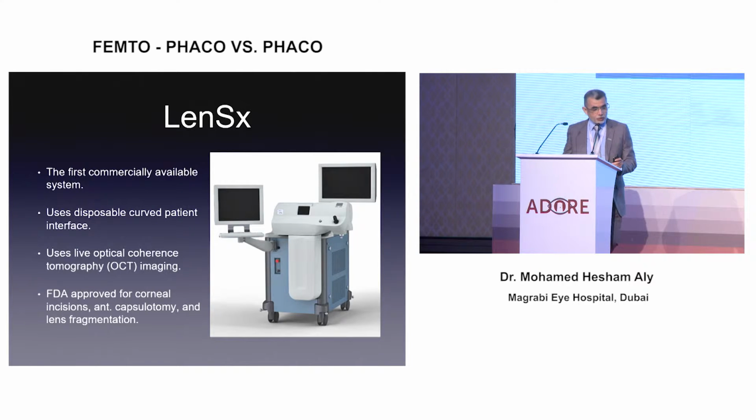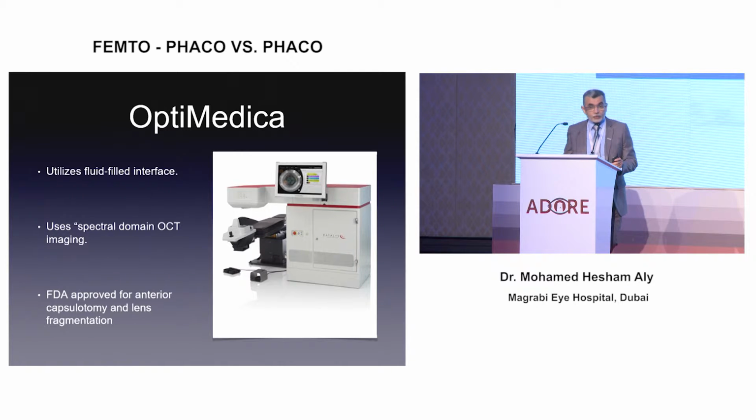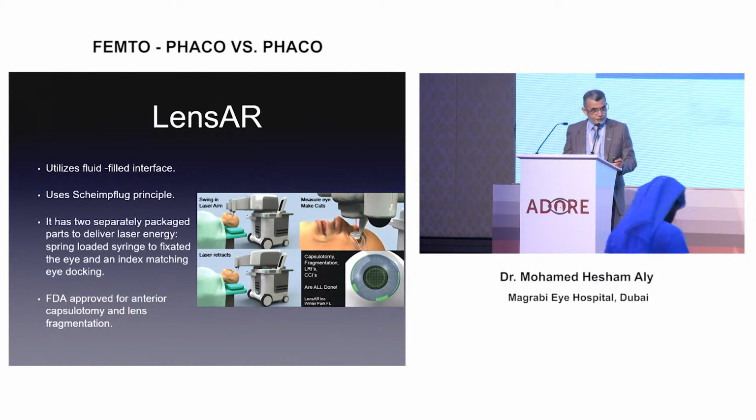It uses optical coherence tomography for the imaging, and is FDA approved for the capsulorhexis and phacoemulsification, and lately even for the flap formation. The Optimedica utilizes a fluid-filled interface, not the applanation one, and uses a spectral domain OCT. It is FDA approved for the anterior capsulotomy and lens fragmentation only.